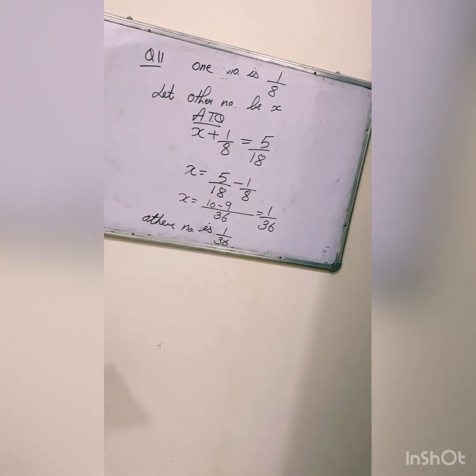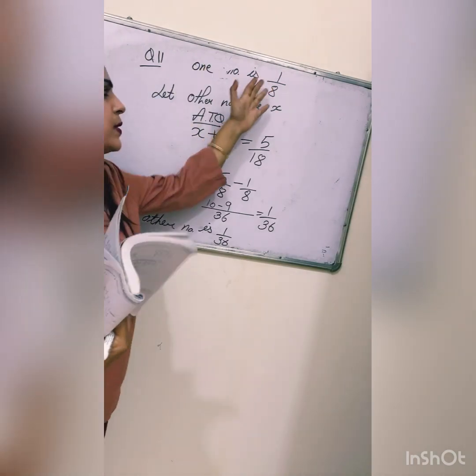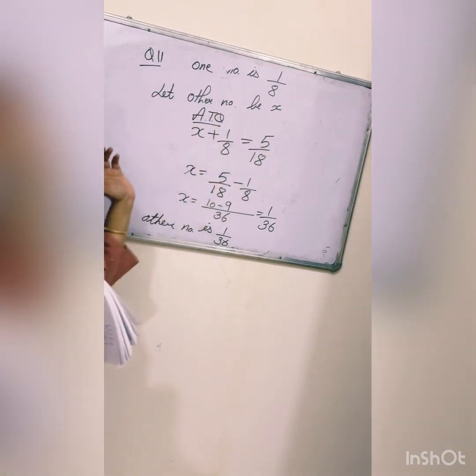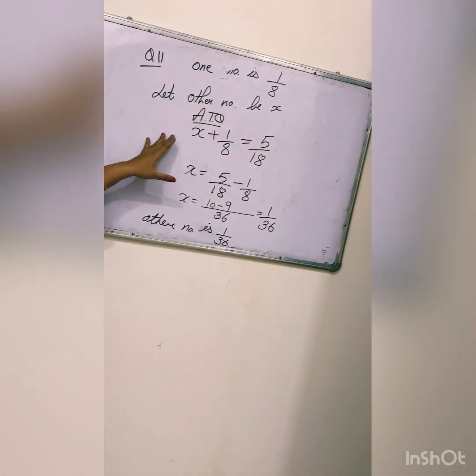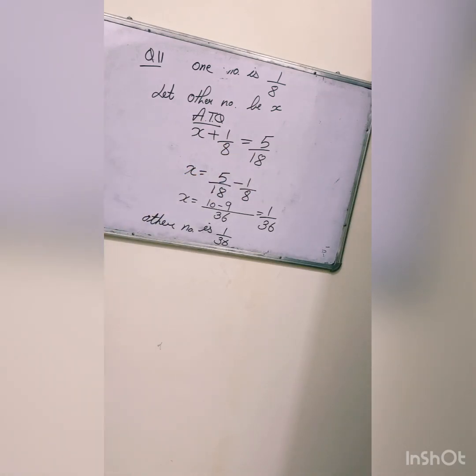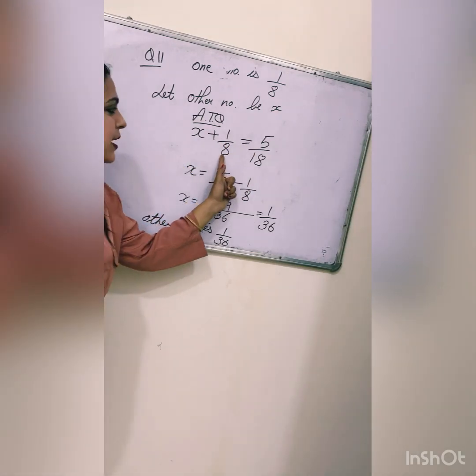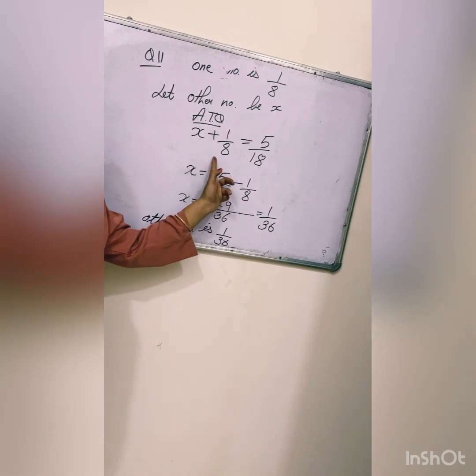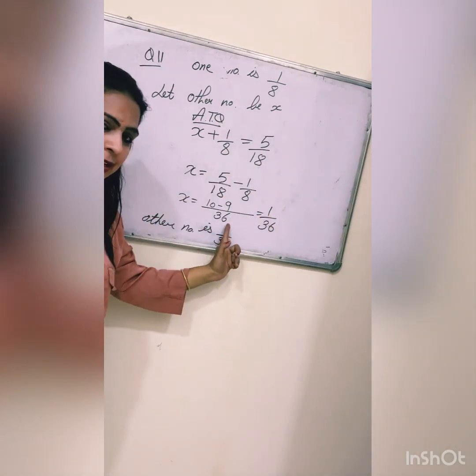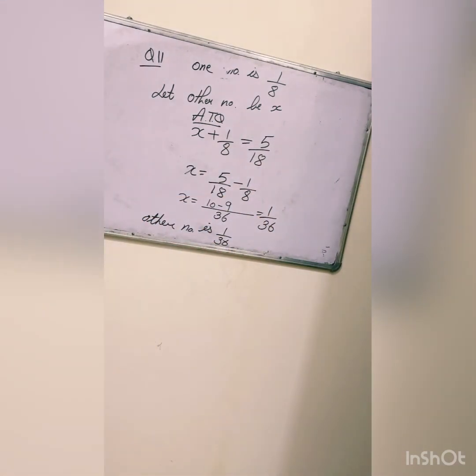Okay, so what we said, one number is given to us as 1 by 8, we assume let the other number be x. According to the question, the sum of the two numbers is 5 by 18, right? So to find the value of this x, we'll take 1 by 8 to the other side, subtract it, and we'll get the answer.